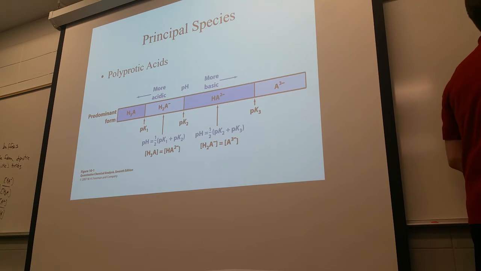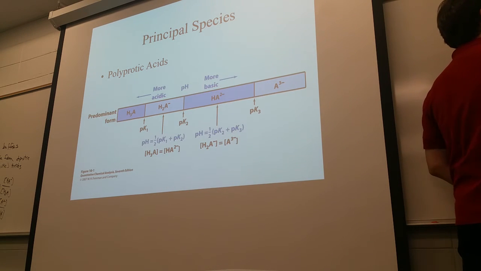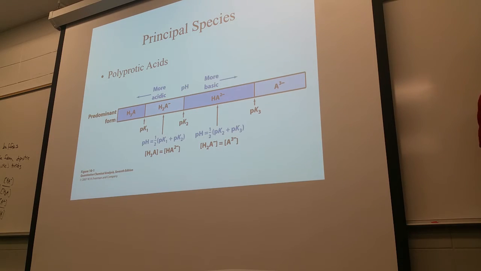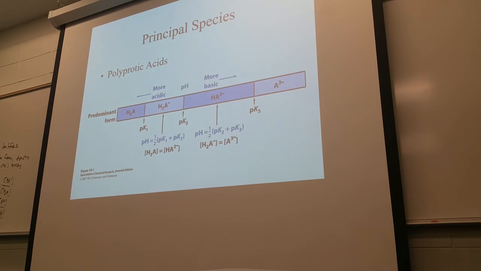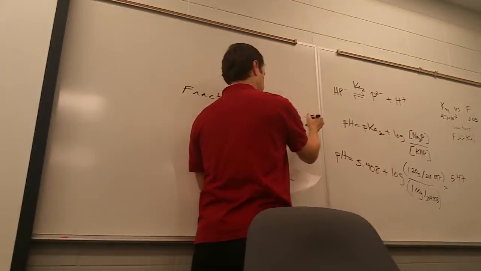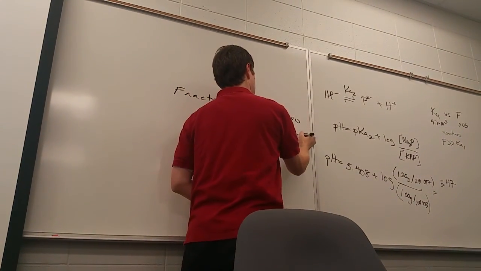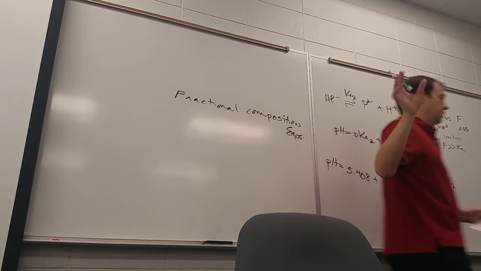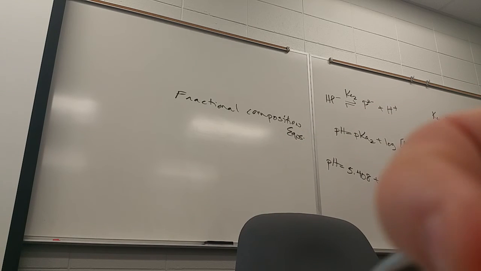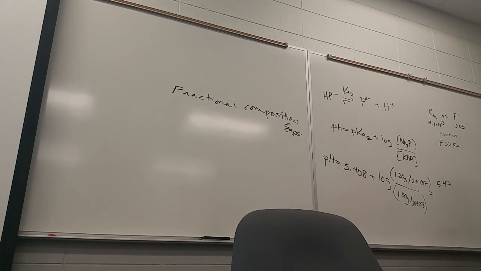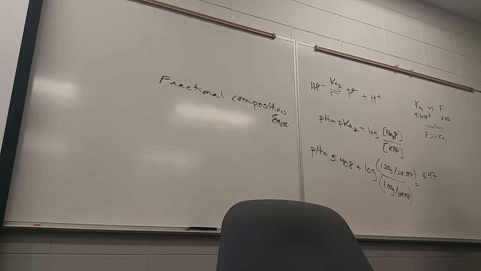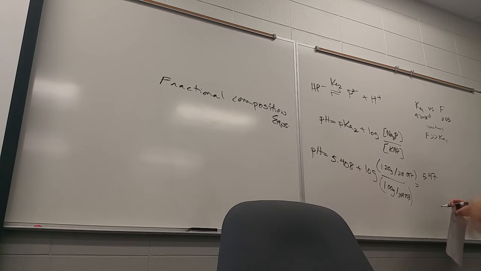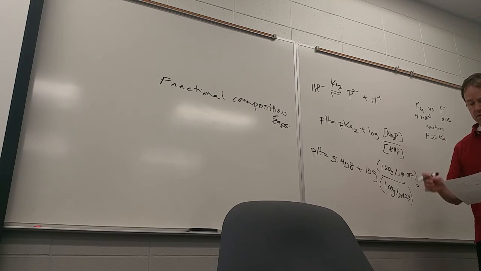And so that led to what are called the fractional compositions. Instead of using a pictorial way of depicting what's going on in the solution, we can just physically calculate how much there is of different forms.